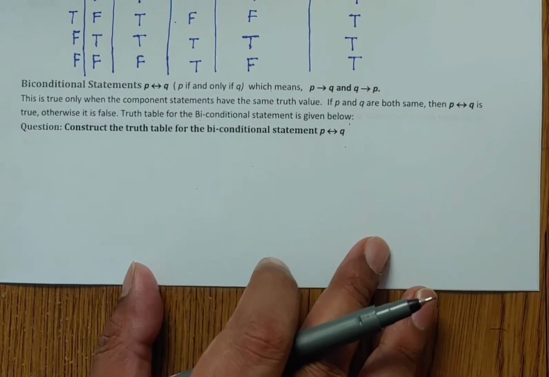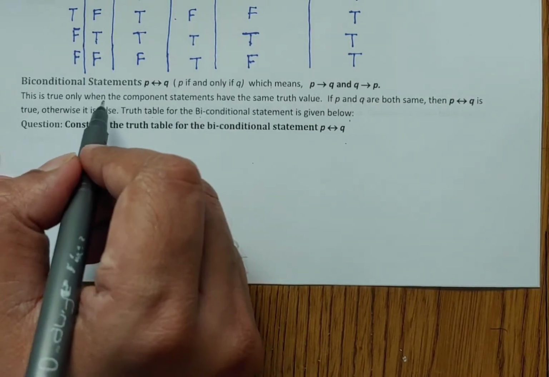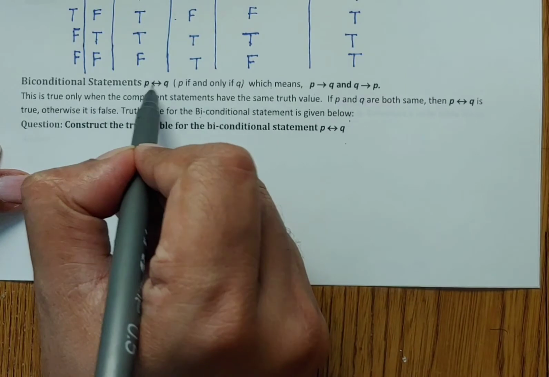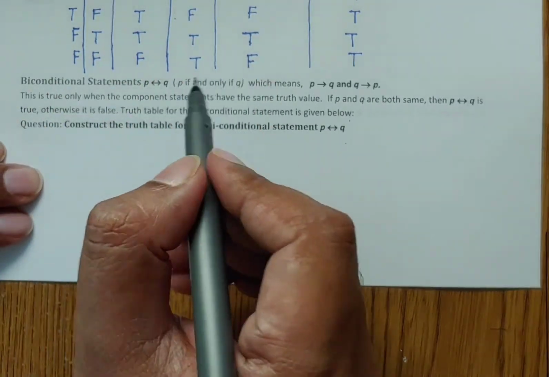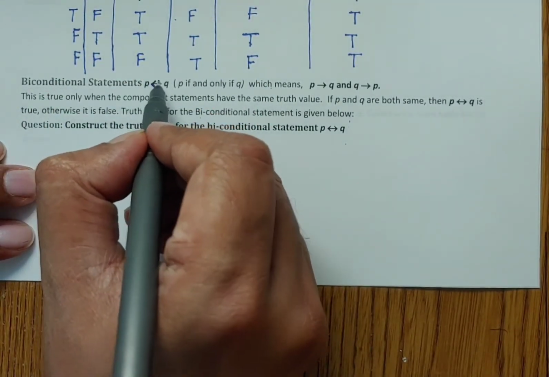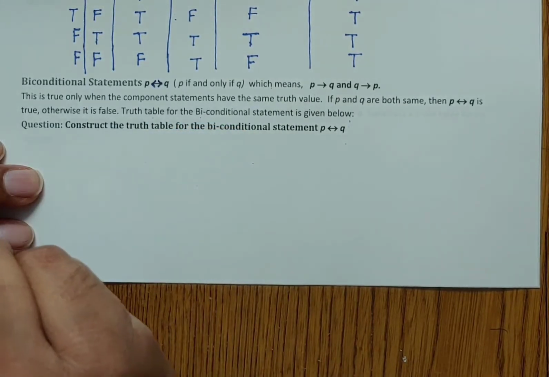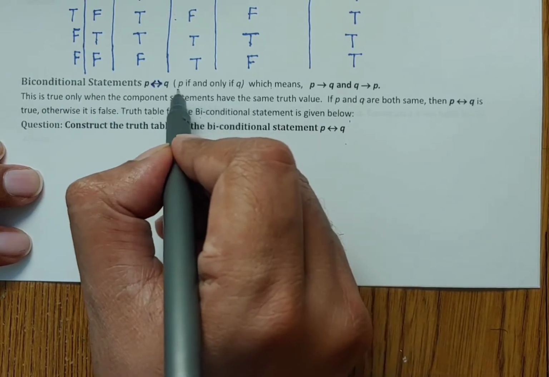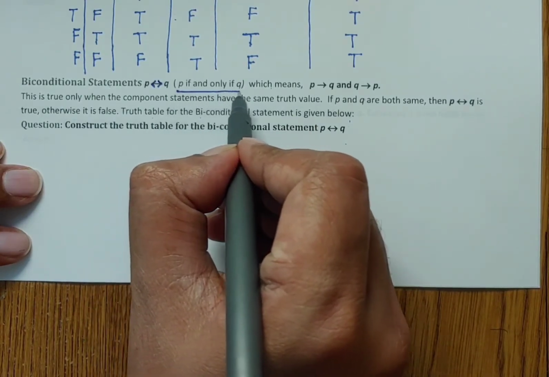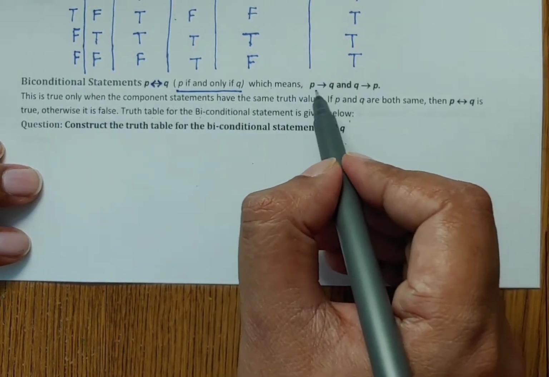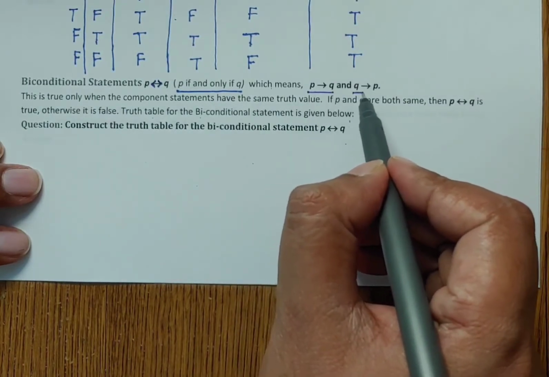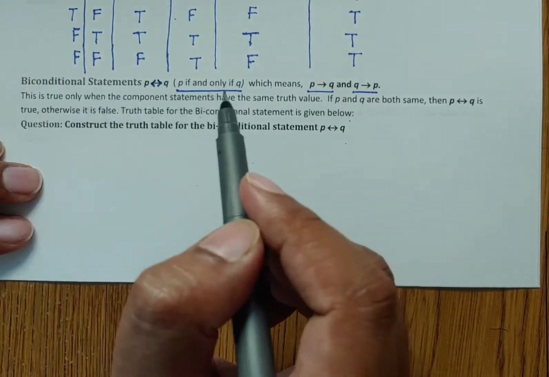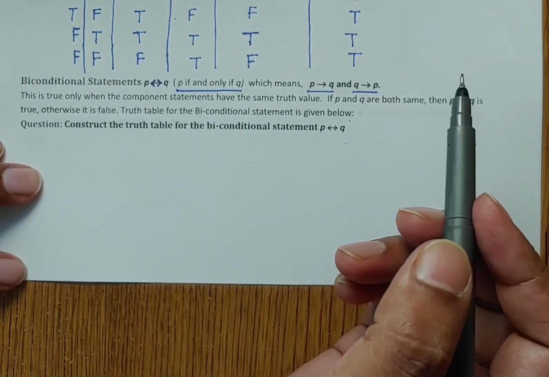Now the biconditional statement is a double implication. The arrow goes both ways. P if and only if Q, which means P implies Q and Q implies P. So this is the meaning of double implication, the biconditional statement.